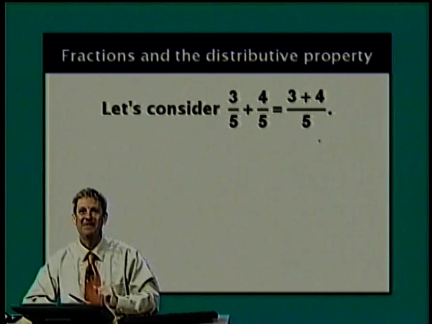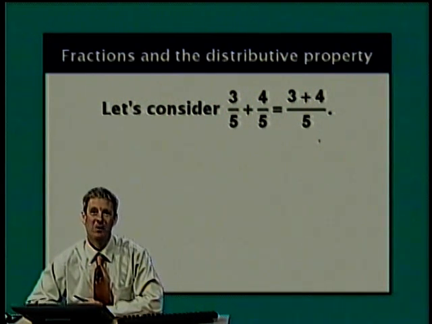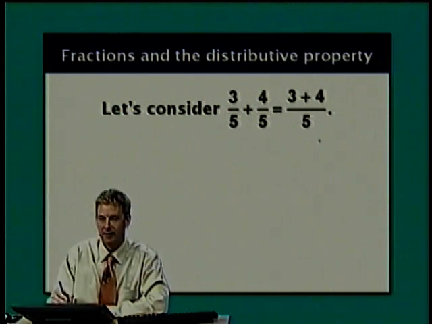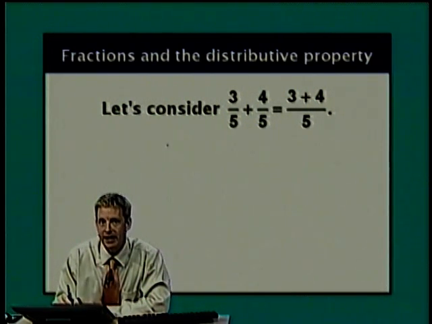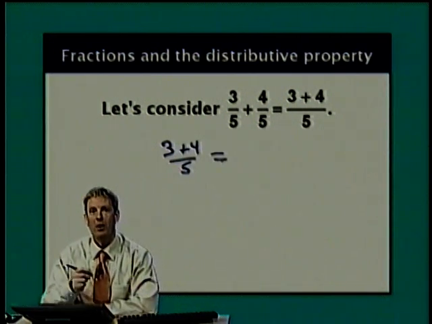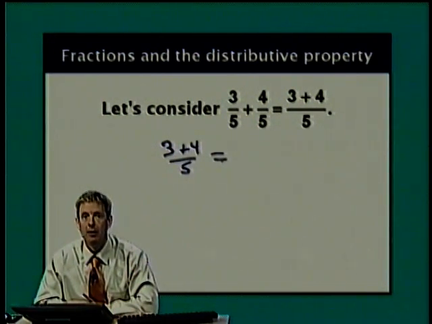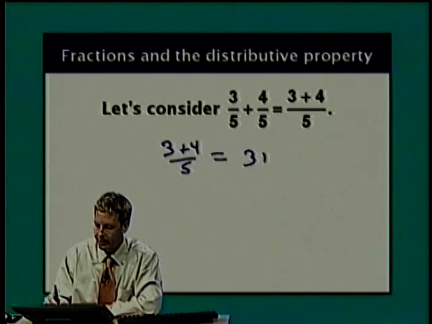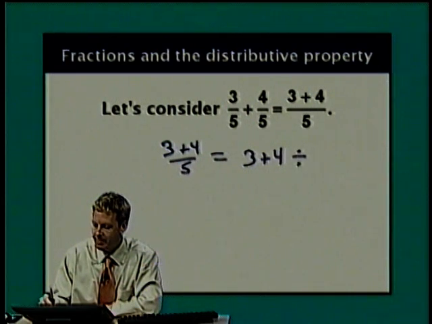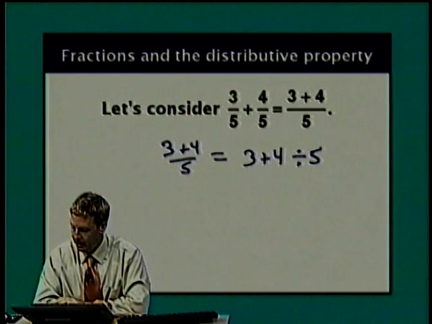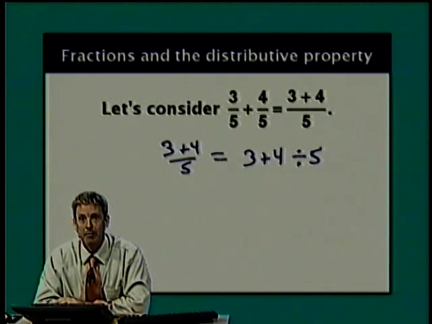Let's consider 3/5 plus 4/5 equals (3 plus 4) over 5. Let's start with the right side of this equation. If we take 3 plus 4 over 5 and rewrite this as a division problem, when you rewrite a fraction as a division problem, you need to take the numerator and divide by the denominator. Now hopefully you're a little wary of what I've written here because you're thinking, you know what, division happens before addition.